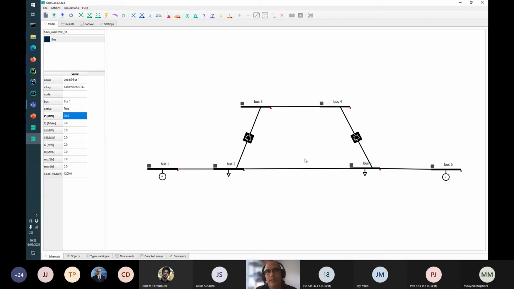Then I found a thesis by a guy from Durham University and, more importantly, a piece of MATLAB code. He extended MATPOWER with this AC and DC formulation, which is really fantastic.